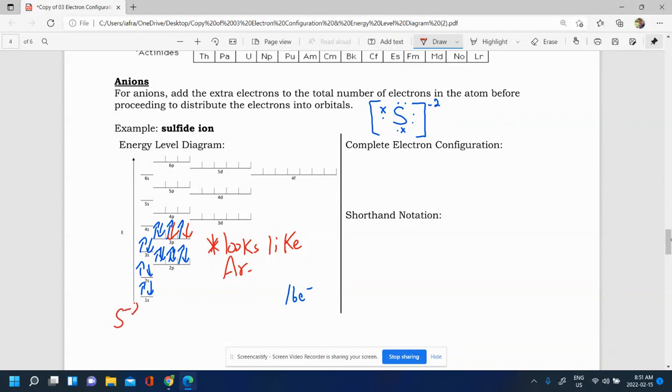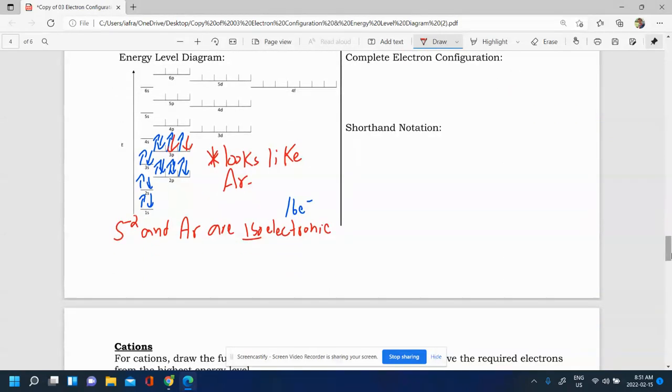So S-2 and argon are isoelectronic. Iso means the same. So that just means that they have the same electron configuration now. They're not the same element because they have different number of protons, which is why sulfur is charged and argon is not, but they have the same electron configuration.